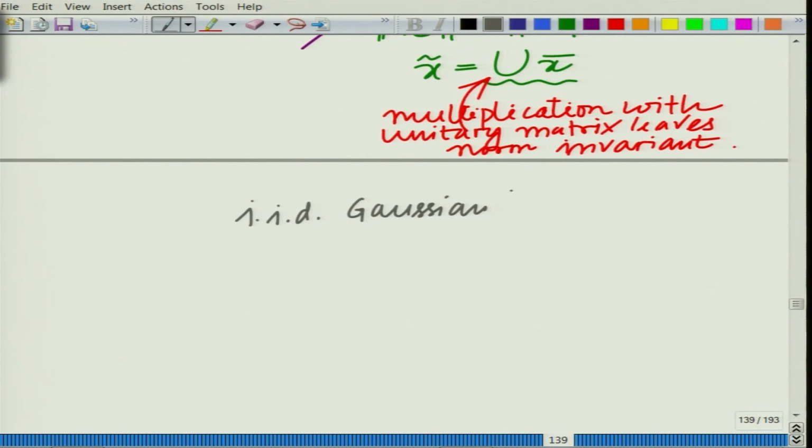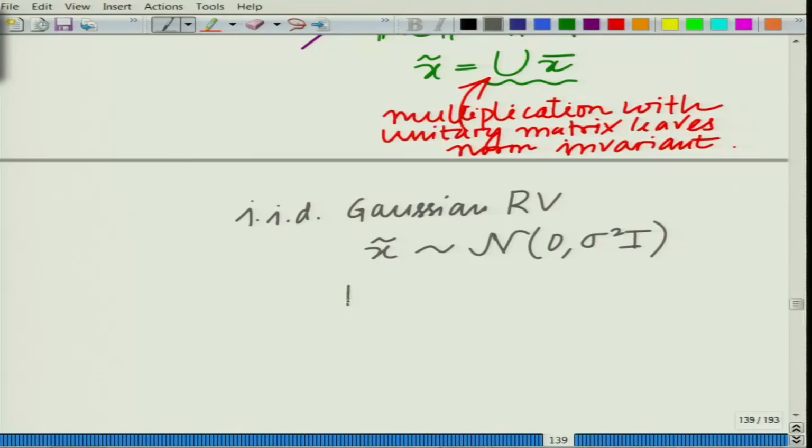And further, you can also have another interesting property. Let us go back and consider our IID Gaussian random vector x bar, which is distributed as Gaussian with mean mu and covariance sigma square I. That is, the covariance is proportional to identity, sigma square times identity, which arises when the Gaussian components are zero mean, independent, and identically distributed, each with variance sigma square.